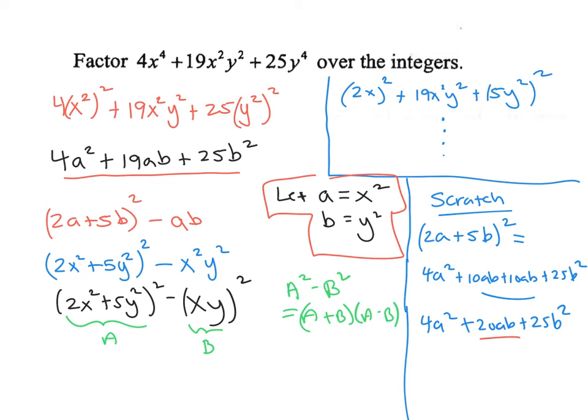So this becomes A plus B, A minus B, so that's 2x squared plus 5y squared, that's our A, plus B, and then our A minus B is there.